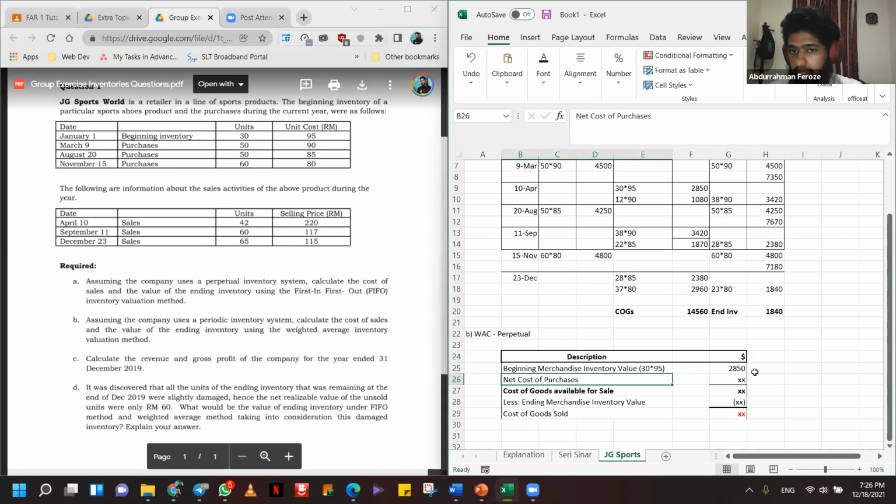And then we have the net cost of purchases. So these are the three purchases that we made. If we take the full cost of them, we have 50 into 90, plus 50 into 85, plus 60 into 80. So what is the full cost of purchases here? Can one of you solve it?